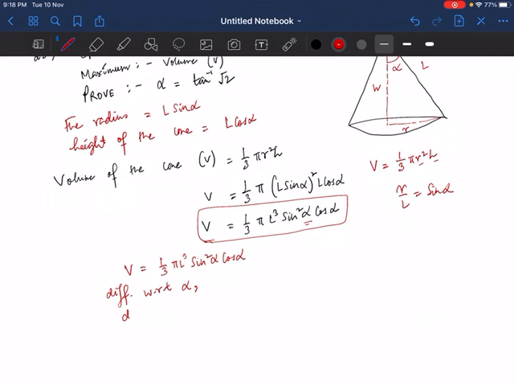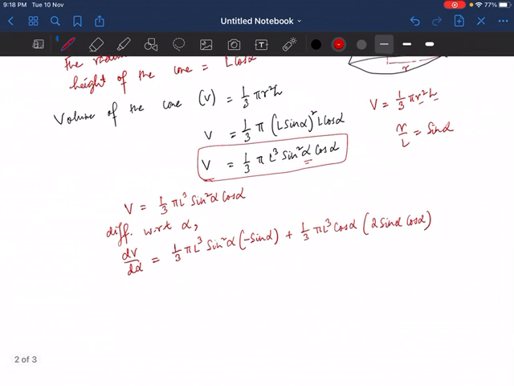So what do we get? dV by d alpha is equal to, using the product rule, 1 by 3 pi L cube times sine square alpha times the derivative of cos alpha, which is minus sine alpha, plus 1 by 3 pi L cube times cos alpha times the derivative of sine square alpha, which is 2 sine alpha cos alpha.